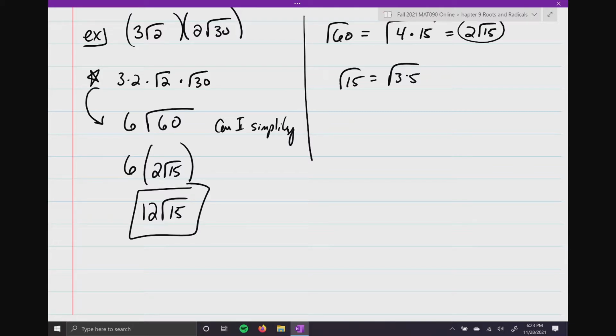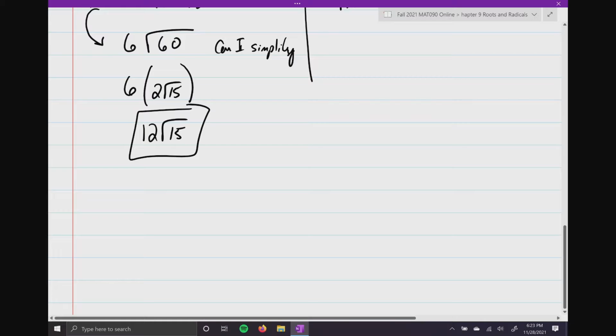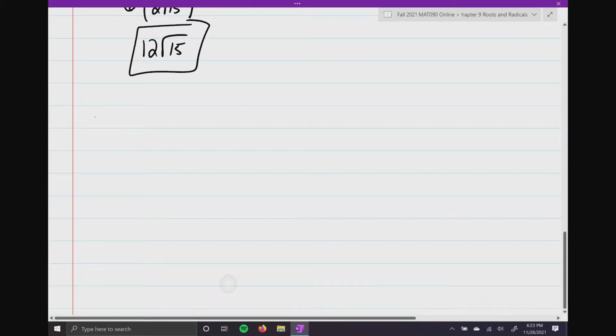Okay. So now what I'm going to do is I'm going to up the difficulty here a little bit. We're going to look at this example here. The square root of 6x to the third multiplied by the square root of 3x. Okay?